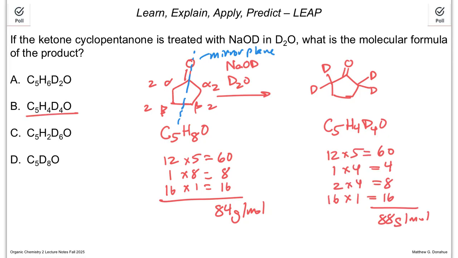And then we end up with this thing, which is an isomer. It's called an isotopomer, just because we've swapped out hydrogens for a heavier isotope, deuterium.